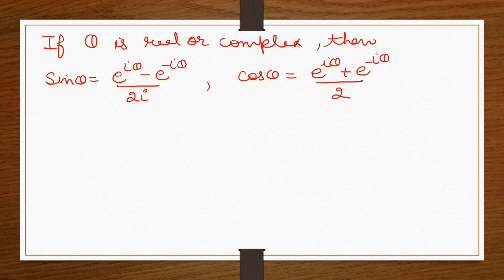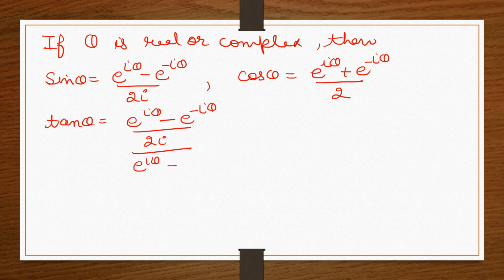Now similarly you can find the value of tan by just dividing the sine by cos. So what is the value of tan theta? Tan theta is equal to e power iota theta minus e power minus iota theta over 2 iota, divided by e power iota theta plus e power minus iota theta by 2.